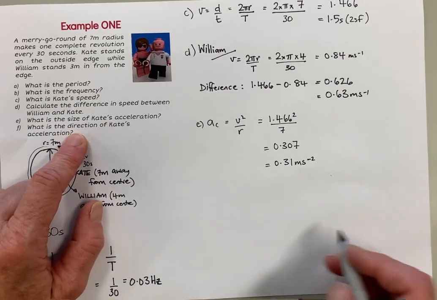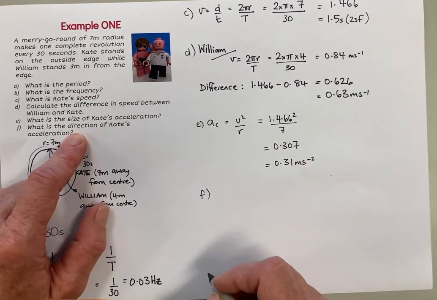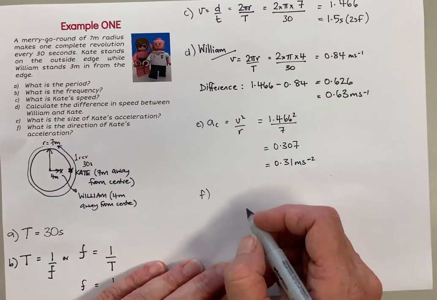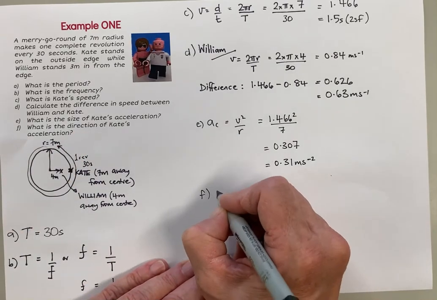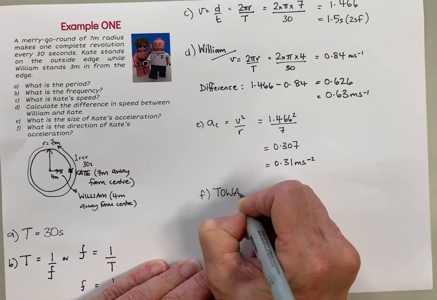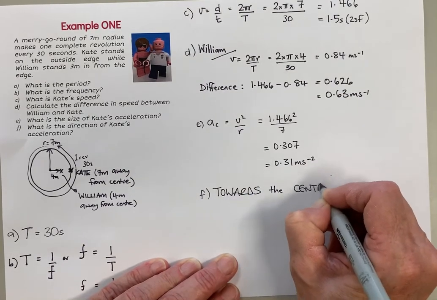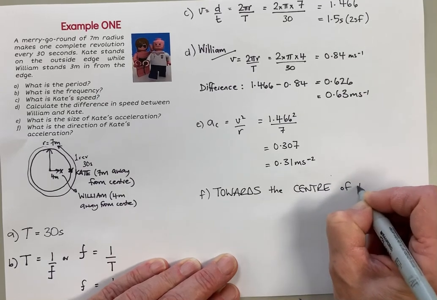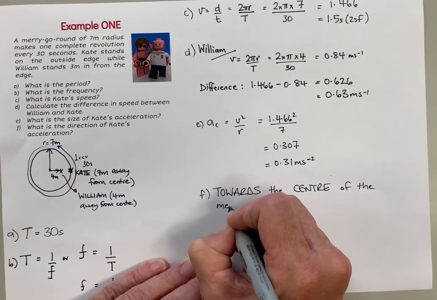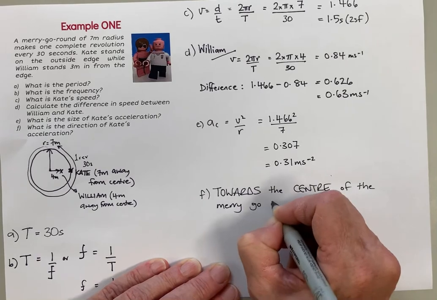And what is the direction of Kate's acceleration? Centripetal acceleration is always towards the center of the merry-go-round.